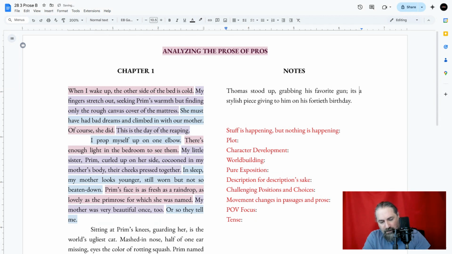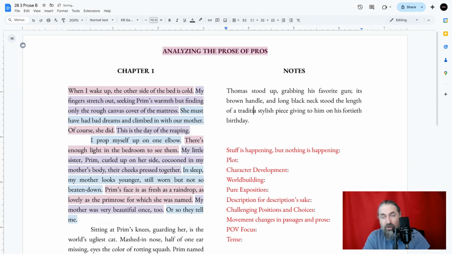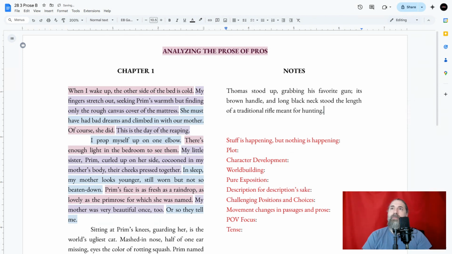Or you could go, Thomas stood up, grabbing his favorite gun. Its brown handle and long black neck stood the length of a traditional rifle meant for hunting. Okay.